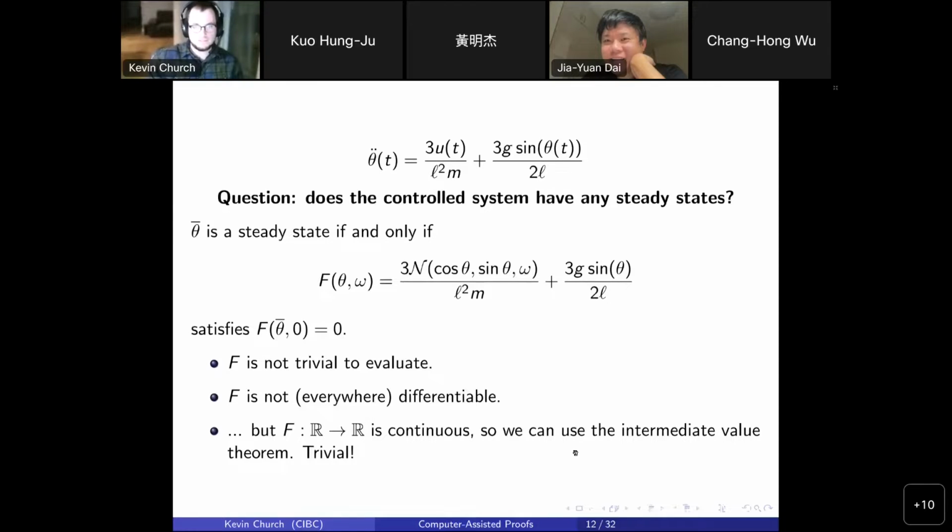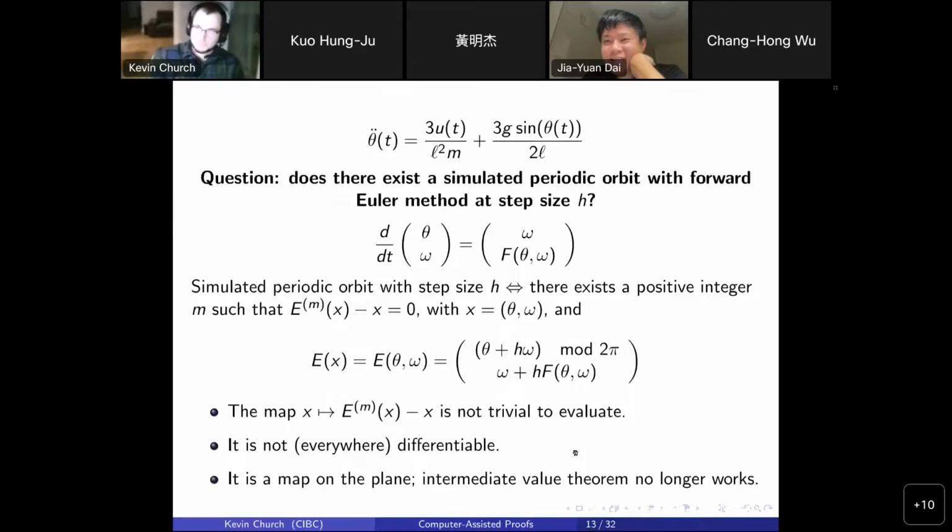Well, let's make it a bit more complicated. So in this robustness study that I'm working on, we're looking not only at steady states, but we're also interested in determining whether the controller is performing the way it should be. And one thing that we're interested in is whether, if you simulate this system using forward Euler, there are some weird solutions like periodic orbits.